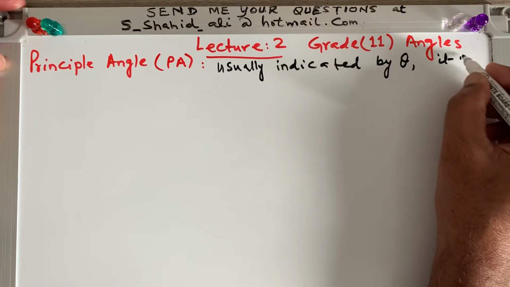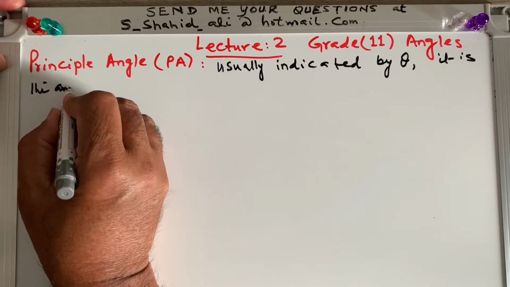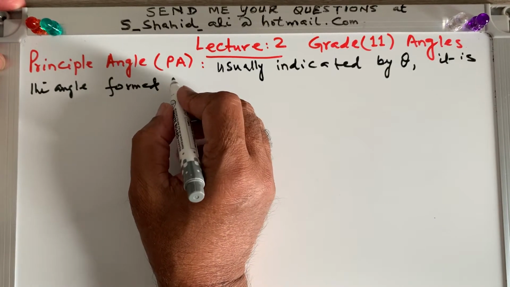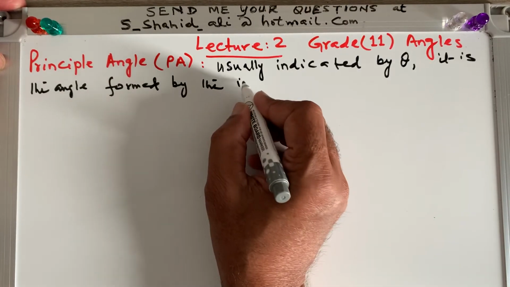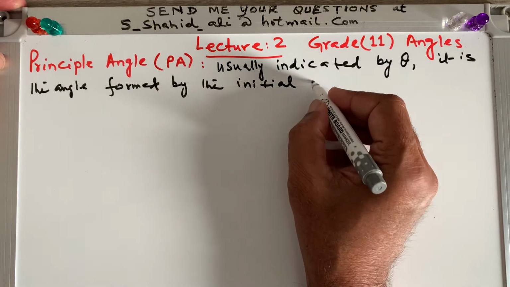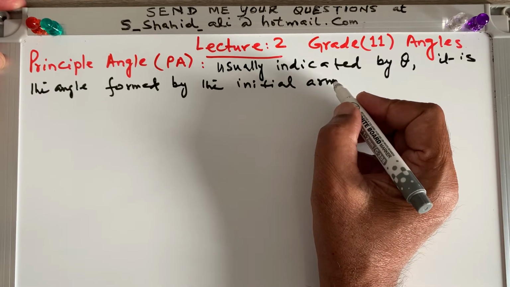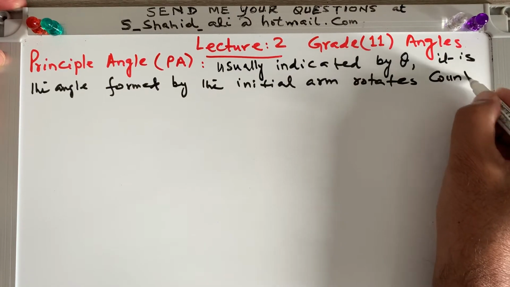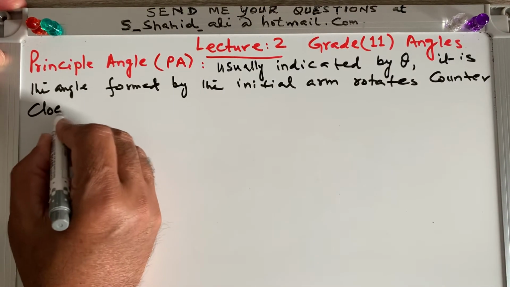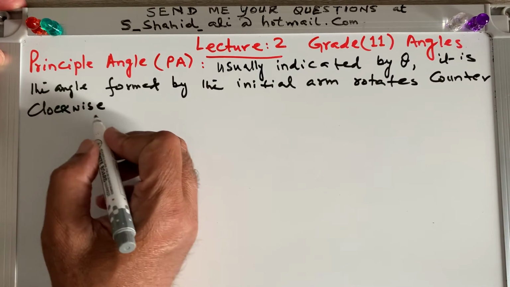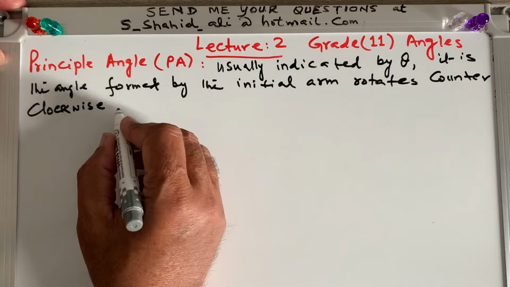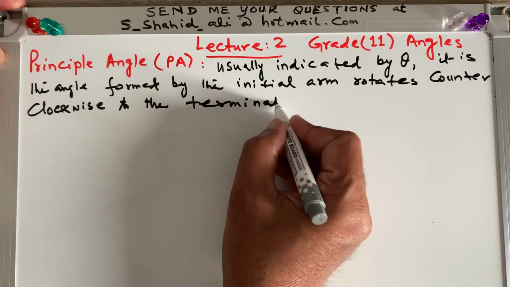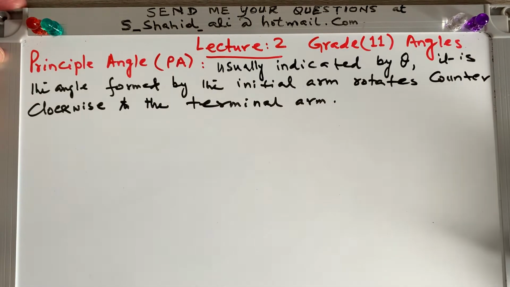It is the angle formed by the initial arm rotating counterclockwise to the terminal arm. So this is your principal angle.